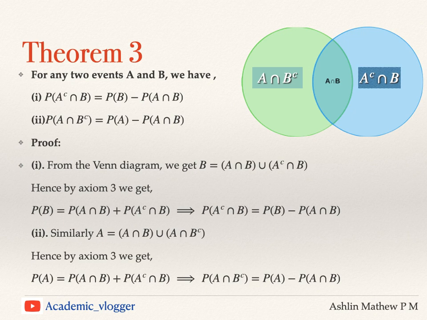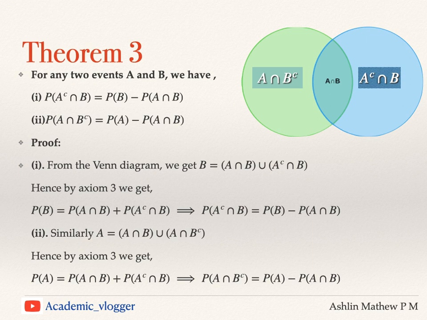Together, A intersection B and A complement intersection B give us B. So the proof is as follows. From this Venn diagram we can write B as A intersection B, that is the intersection part, union the rest, that is A complement intersection B.